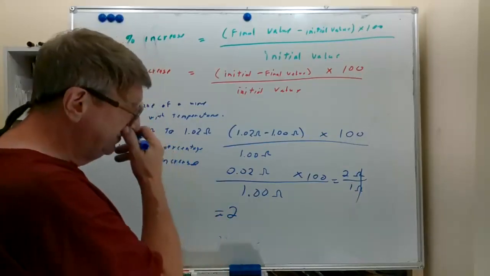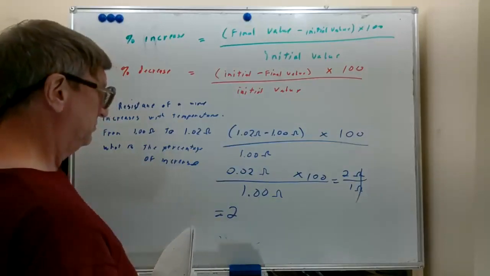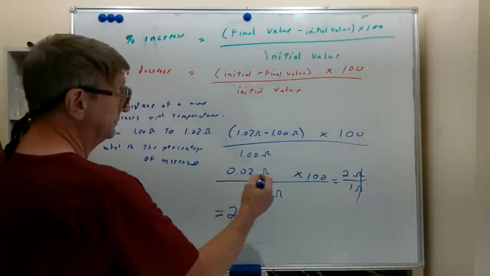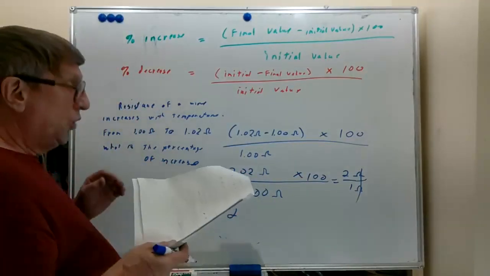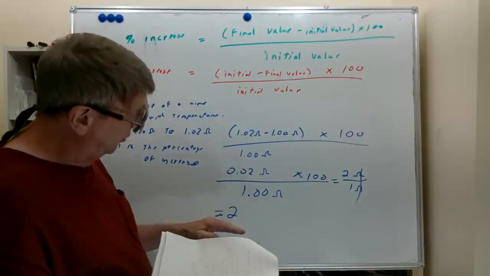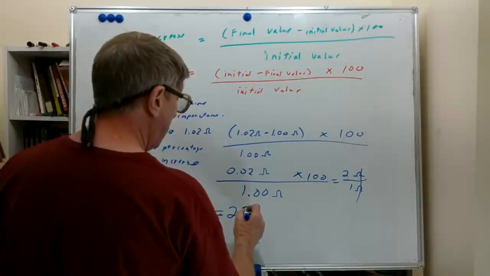Now 2, that's the decimal version. Let's see. No. 2 over 1, yeah. This was percent. So 2 was percentage. So it's 2%.